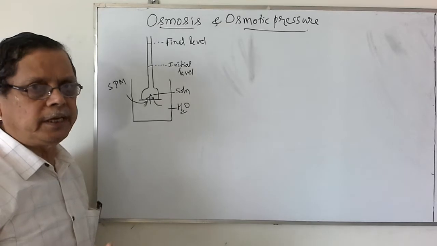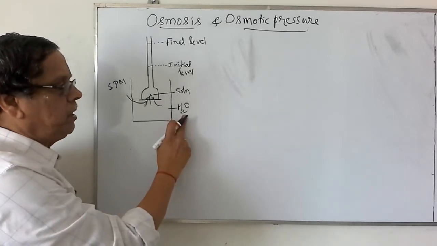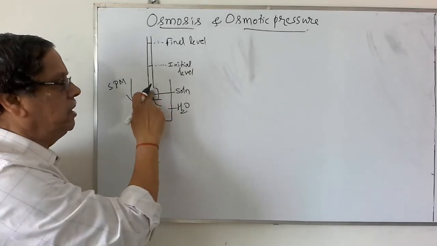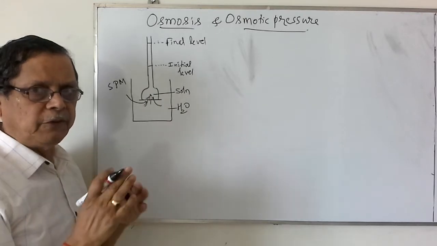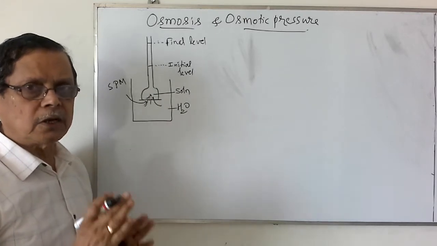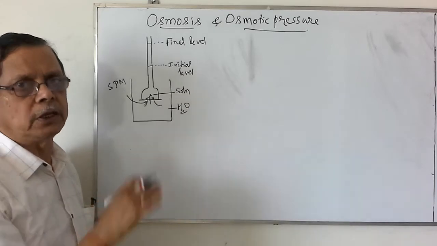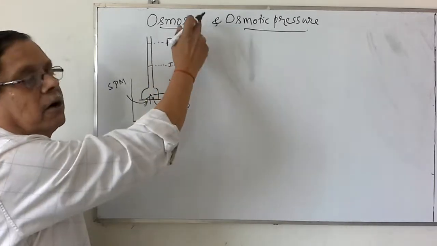Now what we have observed here is the movement of the solvent molecules from the solvent side to the solution side. This differential movement of the solvent from solvent to the solution side is called osmosis.